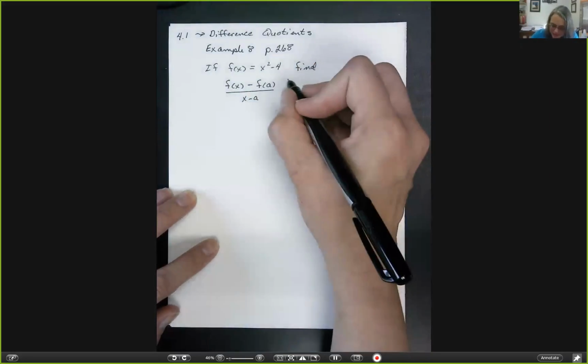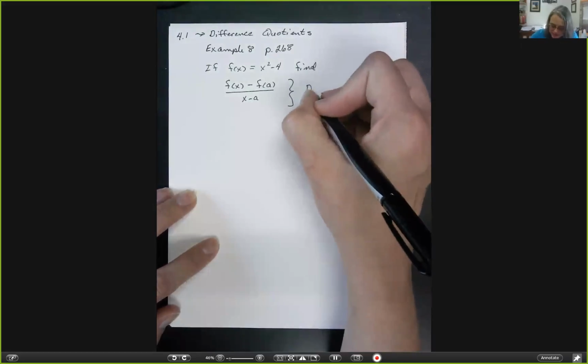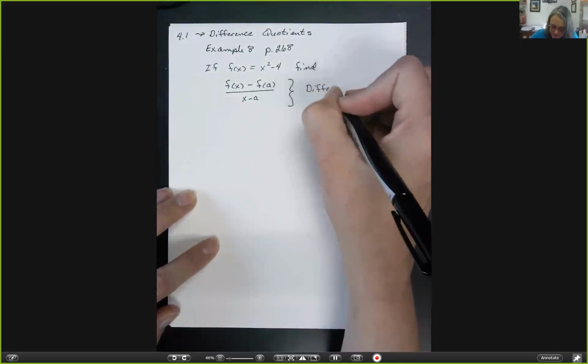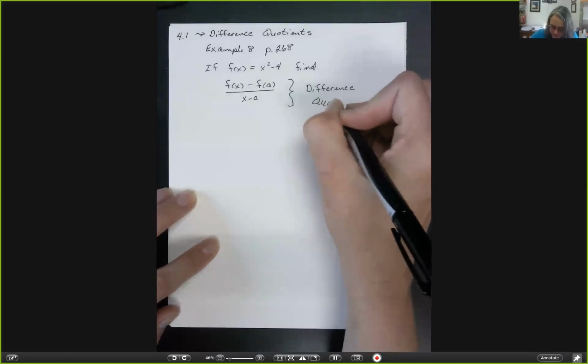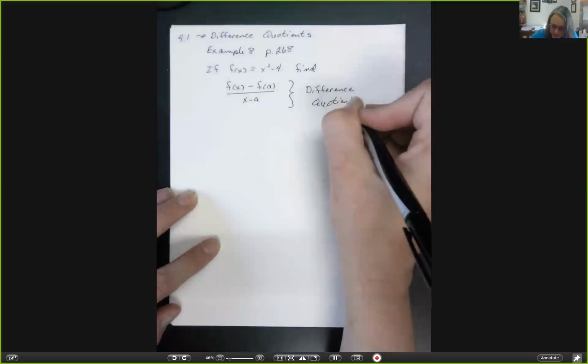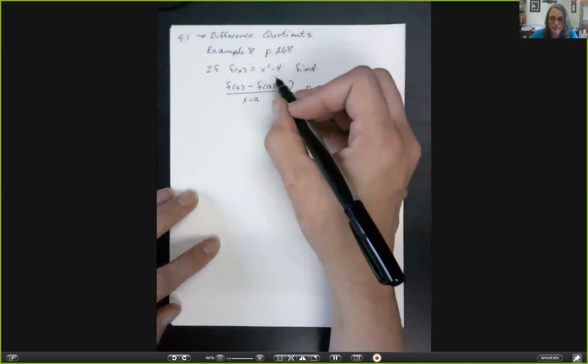Now, this arrangement, this thing that I just wrote down, is the difference quotient for the function f of x equals x squared minus 4.